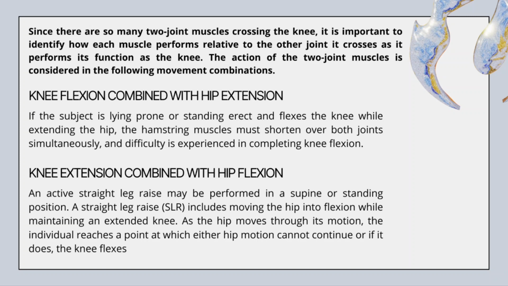Kasi kumbaga umiikli na yung hamstring natin, hindi natin ma-complete yung knee flexion. Next is knee extension combined with hip flexion. So, yun, pwede nyo po ulit gawin. I-extend lang natin yung knee combined with hip flexion.